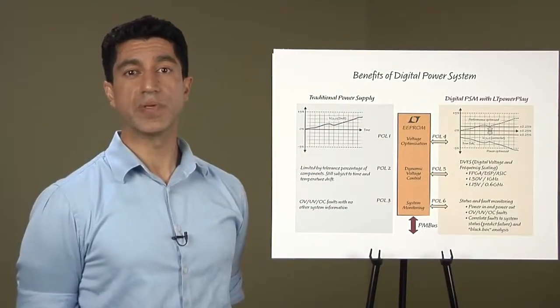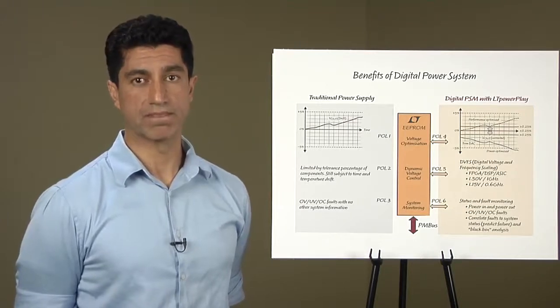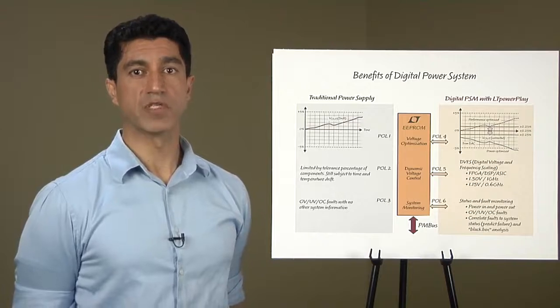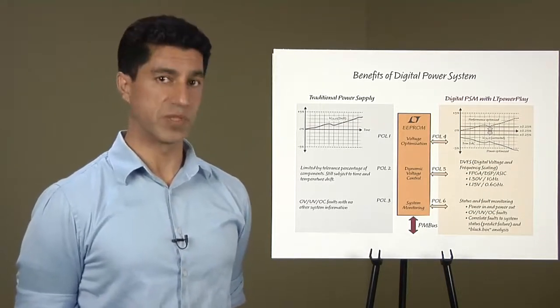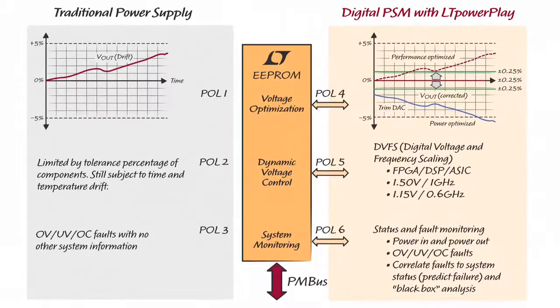With Linear Technology's PSM products, you can take control of your system's power. The first benefit is voltage optimization. Output voltage accuracy of a regulator is critical in powering ASICs and FPGAs. The traditional power supply's output voltage drifts with time due to temperature variations and manufacturing tolerances.